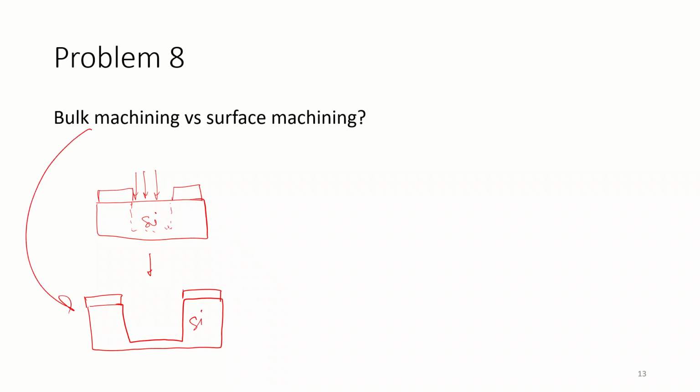But when the processing happens on the surface, for example when you want to make a cantilever, how will you make it? You have a silicon wafer, and then you put a sacrificial layer.